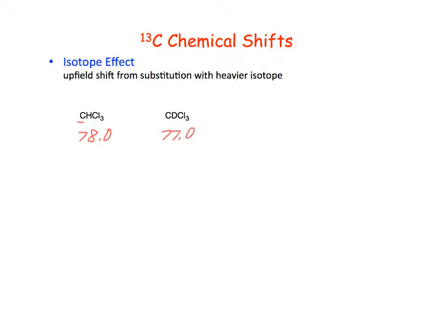If you blow up your solvent, you might see the residual signal show up differently. Protonated chloroform has a chemical shift of 78.0, but deuterated is 77.0.